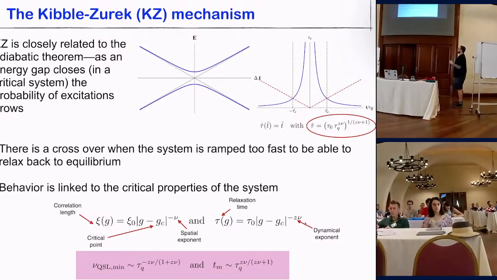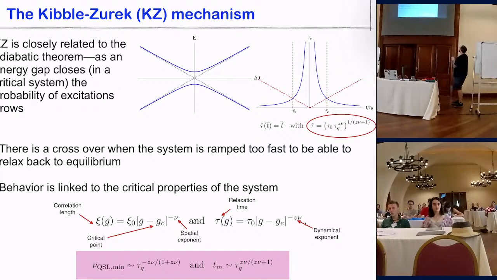That's what Zurek described as the impulse regime. Adiabatic regime: energy gap's very big, and essentially the system doesn't get any excitations. But at some point, the energy gap gets small enough compared to how fast I'm ramping the system, and I'll start getting excitations.